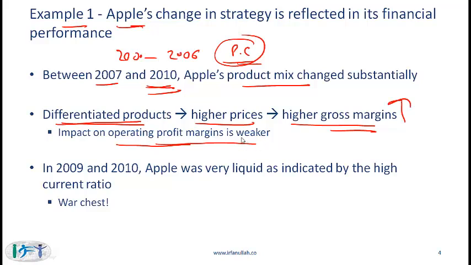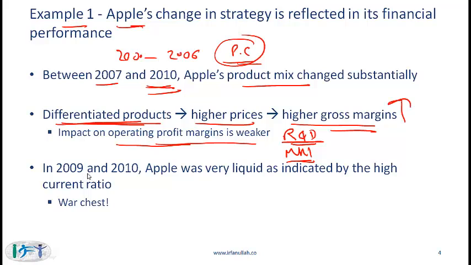The reason is that for a company that is providing differentiated, innovative products, there still needs to be a substantial amount of investment in R&D, in marketing, and so on. These relatively high costs will have an impact on profit margins. So just because a company has differentiated products and higher gross margins doesn't necessarily mean that the operating profit margins will also be very high.